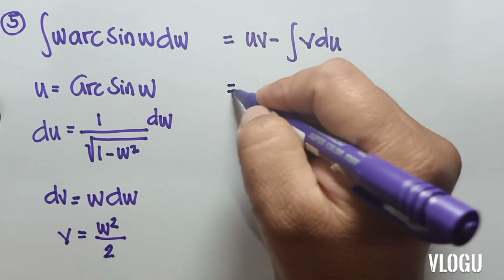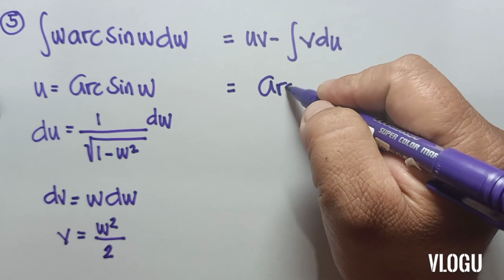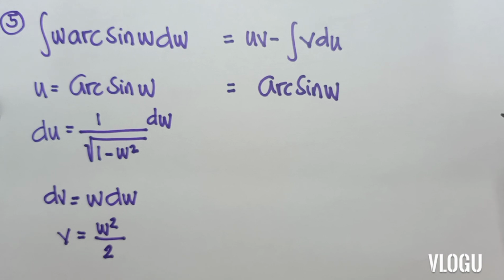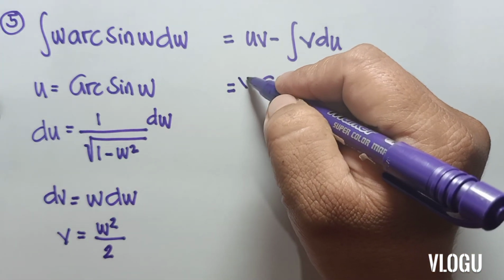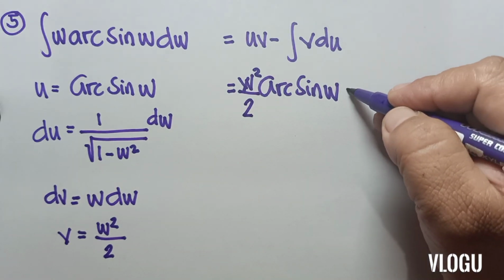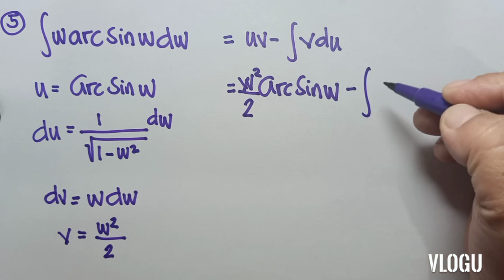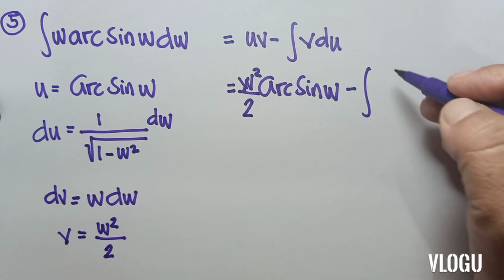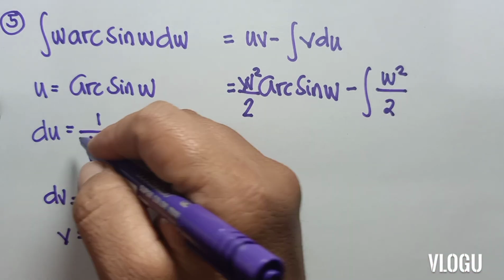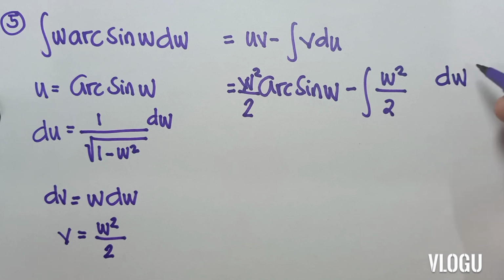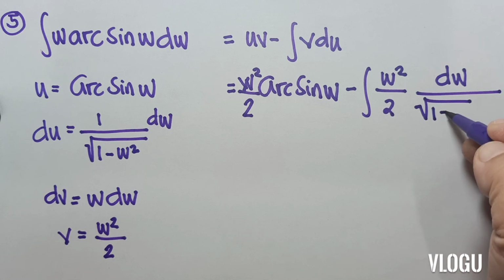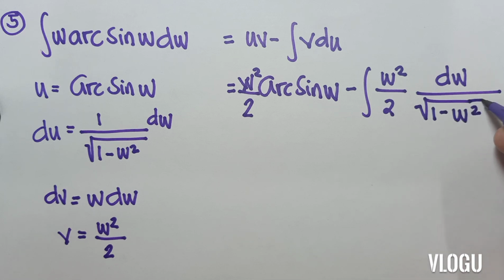So, substitute u equal to arc sine w, and v equal to w squared over 2, minus the integral of w squared over 2 times du, that is dw over the square root of 1 minus w squared.